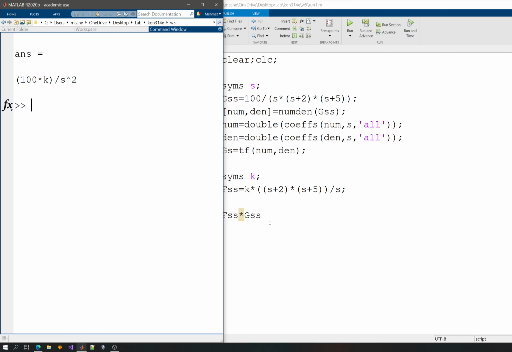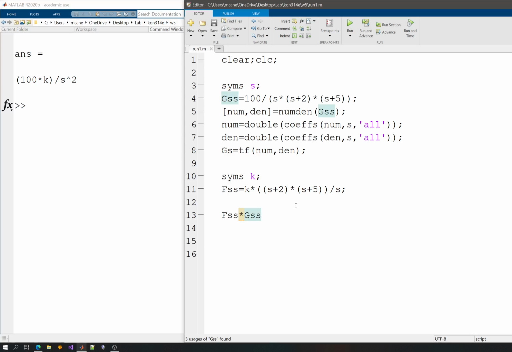Of course, that's not all, because I have to calculate the closed loop by doing this here. But you get the idea.